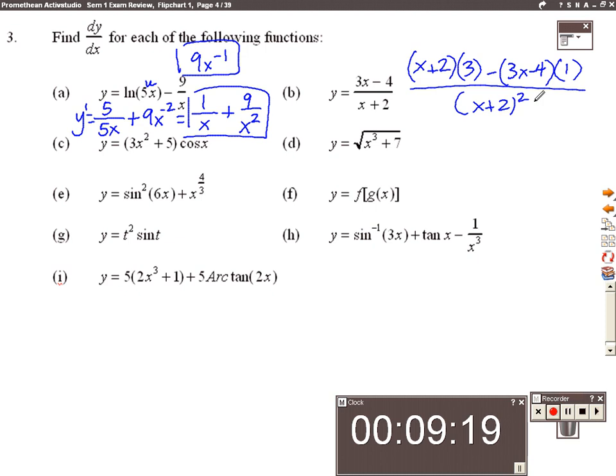And so in the numerator, in the interest of space, I get 3x plus 6 minus 3x. Make sure you distribute the negative to the negative 4 plus 4. So my final answer would be 3x minus 3x is going to subtract out. 6 plus 4 is 10, so I get 10 over x plus 2 quantity squared.